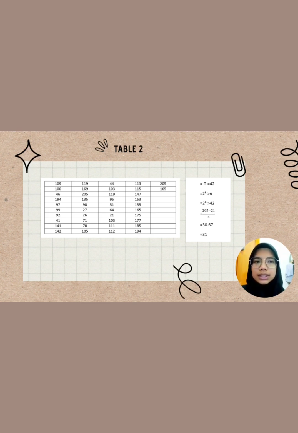From this table, the sample size n is 42, and we must use the formula to find k, then n. From this report, k is 6. After that, 205 minus 21 divided by 6 equals 30.67, then rounded to 31.